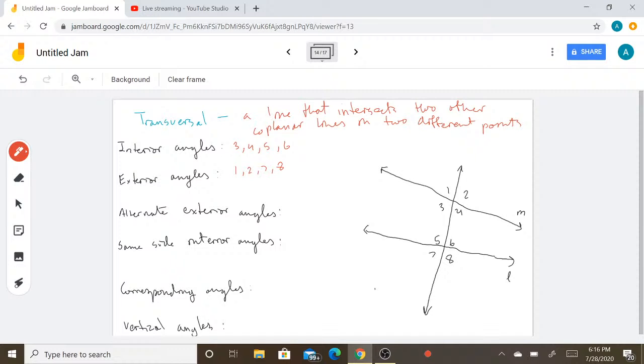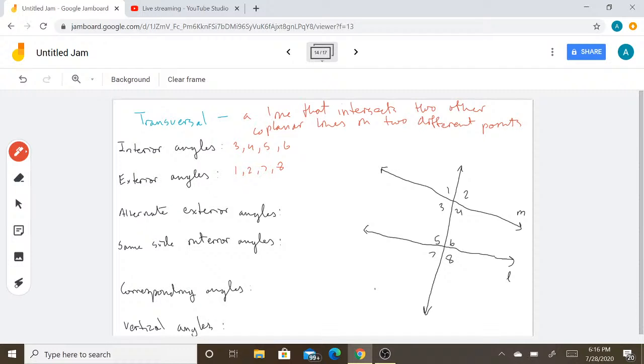They're on the exterior, or the outside, of lines M and L. Alternate exterior angles are on the opposite sides of the transversal and do not have a common vertex.